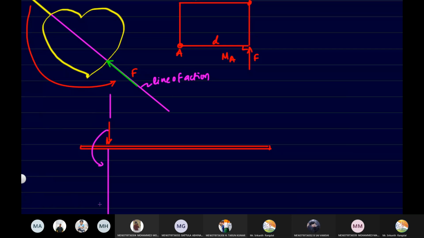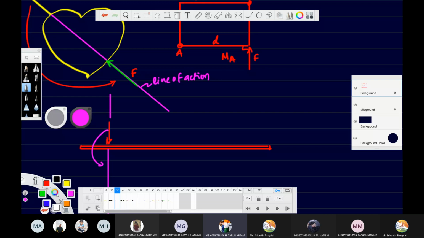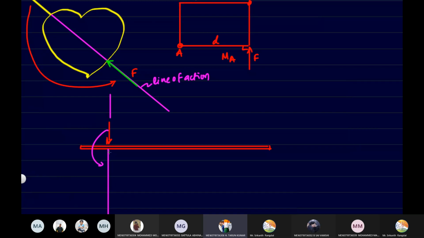Sir, when we are changing upwards to downwards, then the sign will change, no, sir? No. Sign, why will it change? You see, this is acting downwards. In beams, clockwise, anti-clockwise, no, sir? No, that will remain same. Listen. This is acting downwards, right? When we transmit it, still it is acting downwards.